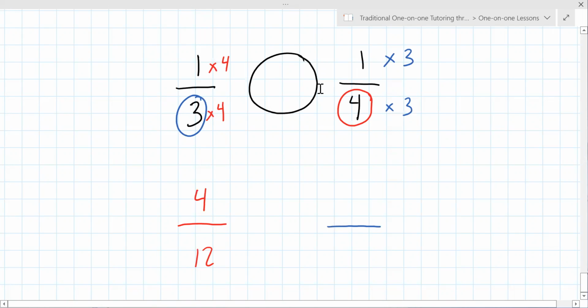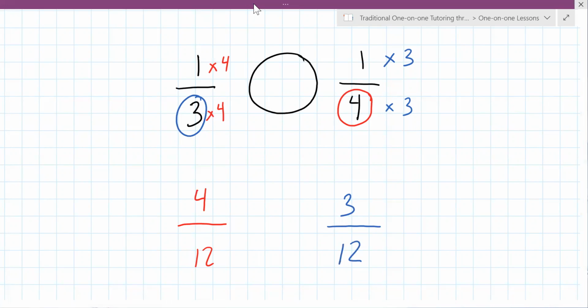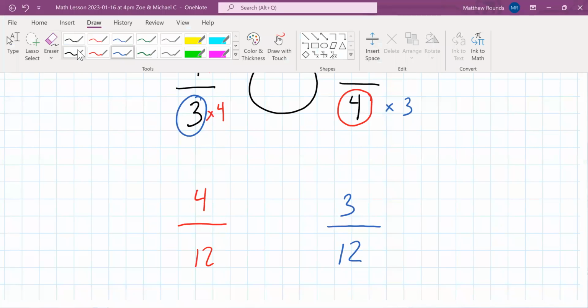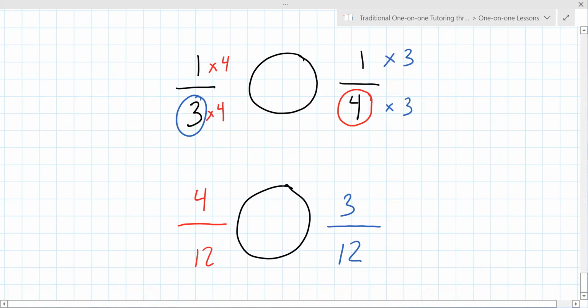What does this become? Go ahead and multiply the numbers. What is 1 times 3? 3. Okay, and what's 4 times 3? 12. Okay. Now what symbol goes in here? Equal. Wait, no. Greater than.